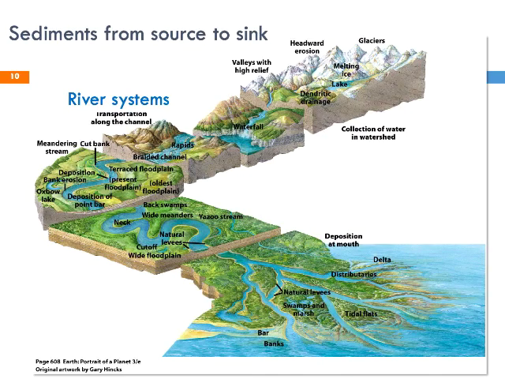This image here is a representation of these very different kinds of environments from the sources of sediments in perhaps high mountainous terrains where erosion takes place, and eroded material becomes part of the bed load or suspended load of flowing water.